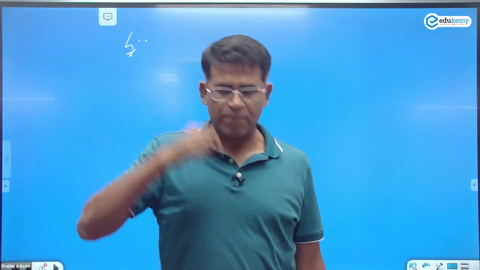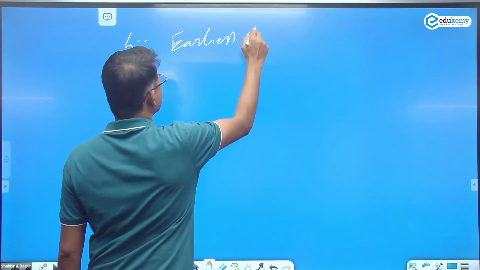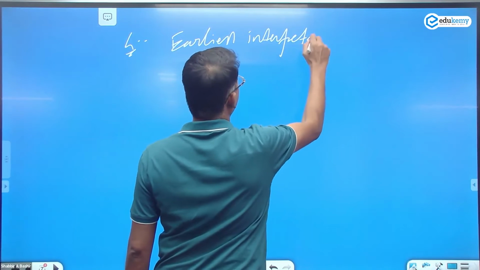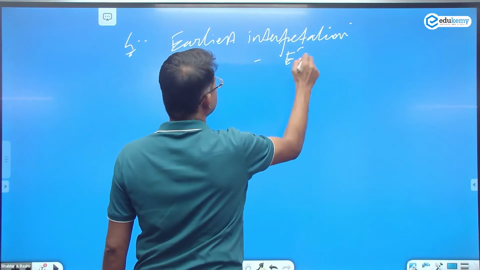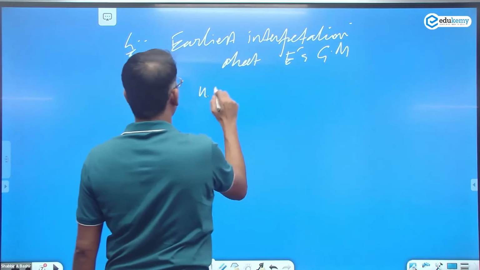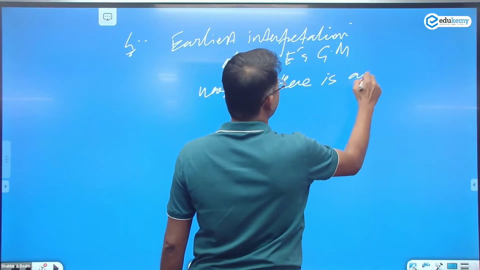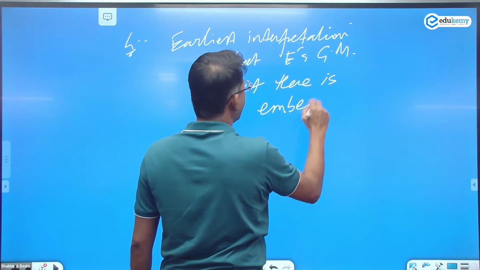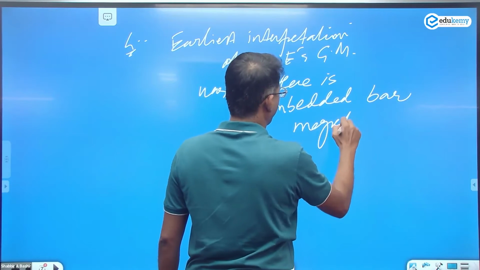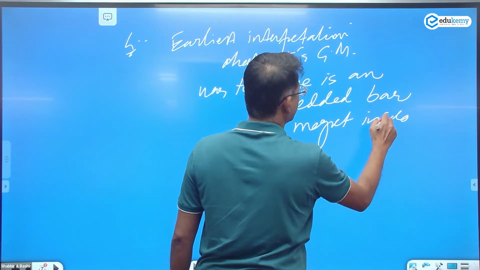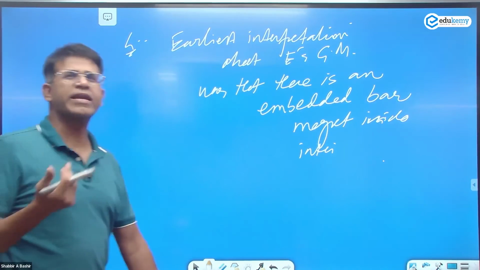The earliest interpretation about Earth's geomagnetism was that there is an embedded bar magnet inside the interiors. Okay, a very old idea.